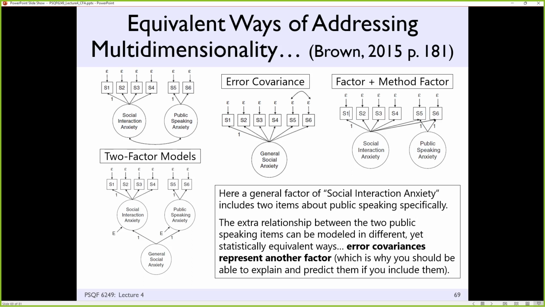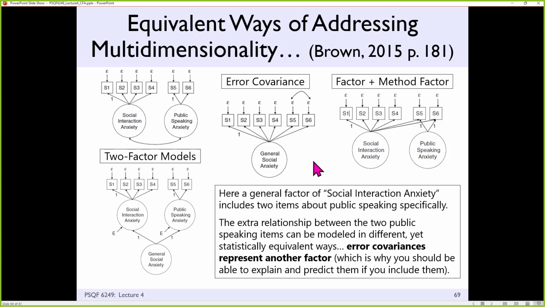So that would insinuate that people have social interaction anxiety, and then there's some people who have extra anxiety with public speaking, something else that's above and beyond. So this model says, no, there's social anxiety and then there's public speaking and they're related to each other, but this is not the same factor because this is only defined by these 2 and this one's defined by all of them. Whereas over here, this factor is only defined by these 4.